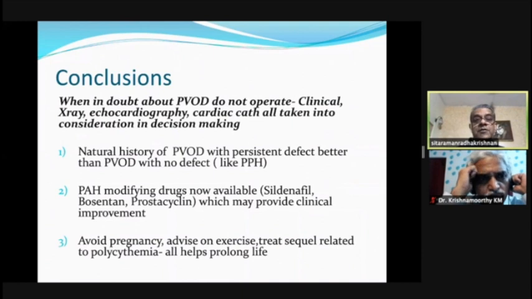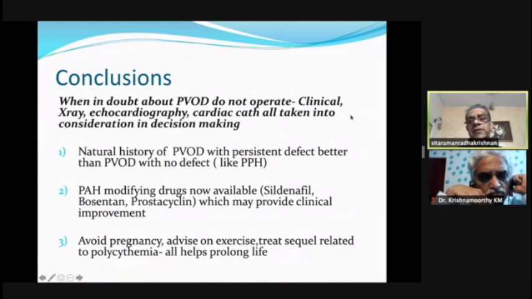This is a very important slide, may not be applicable to you. When in doubt about pulmonary vascular obstructive disease, one should not operate. Please do not rush into treating a congenital heart disease, for example, a VSD or a PDA, when you are not sure about the operability. You have to take a lot of things into account.